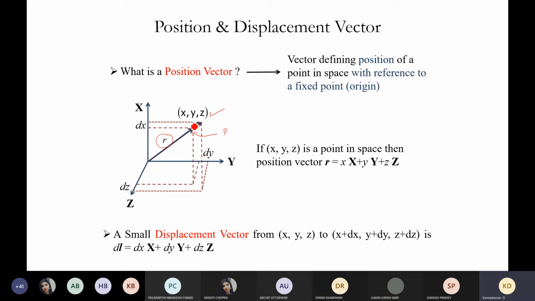The very simplest one is the origin point and the end point. The simple difference between the end point and the origin point is nothing but the vector. Let's say from A to B, a system or a particular charge is moving.